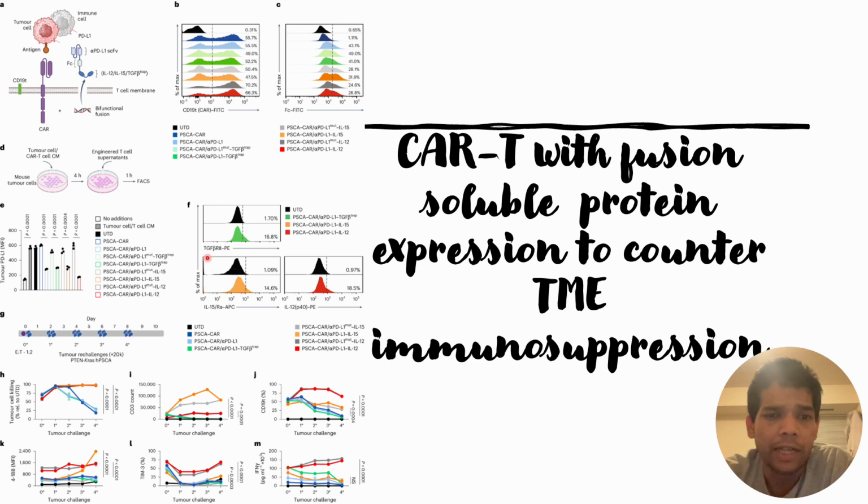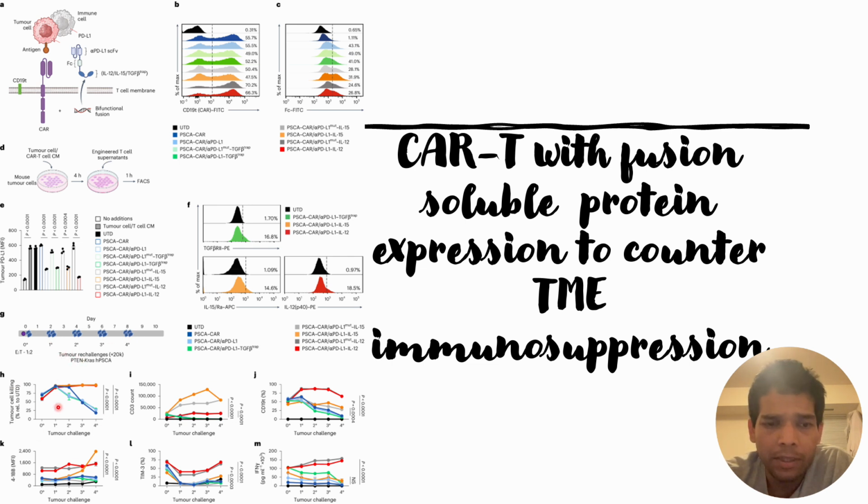They see that TGF-beta 1 seems to be bound, and the interleukin 15 and interleukin 12 expressions are also there, indicating that the system is working as expected. Then they did in vitro studies where they co-cultured effector and target cells at 1:2, and re-challenged the CAR T cells by re-adding tumor cells at 4 different intervals.